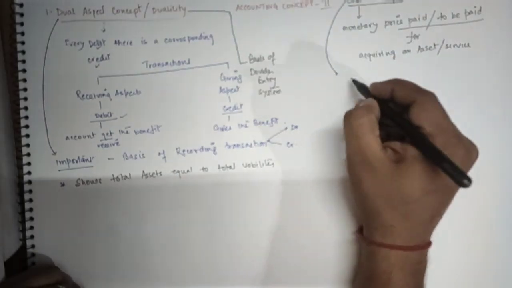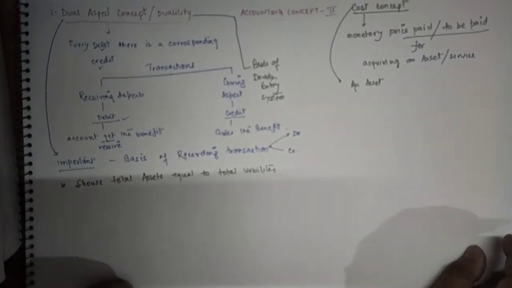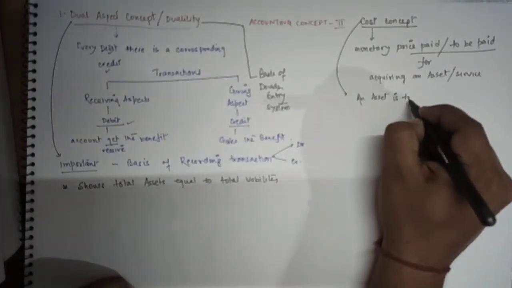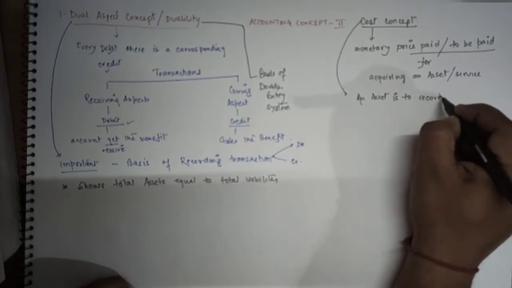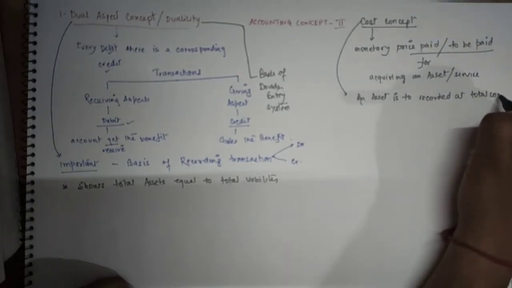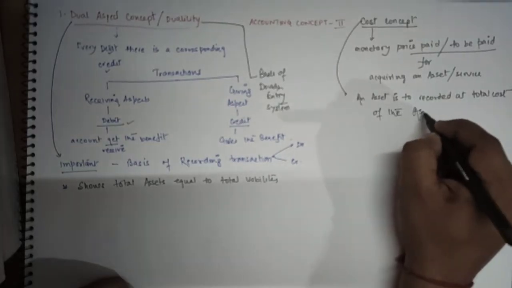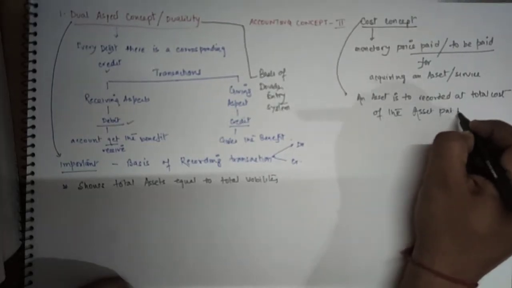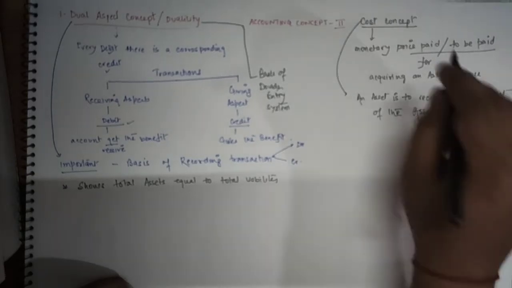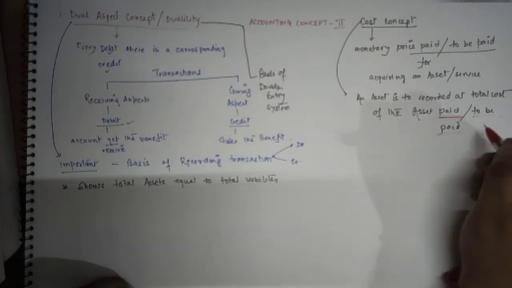Under the cost concept, an asset is to be recorded at the total cost of the asset, paid or to be paid.